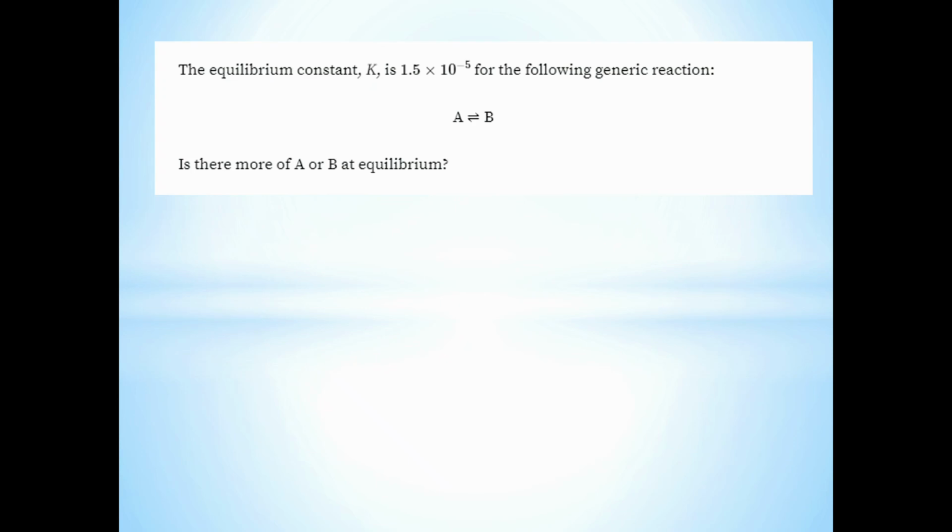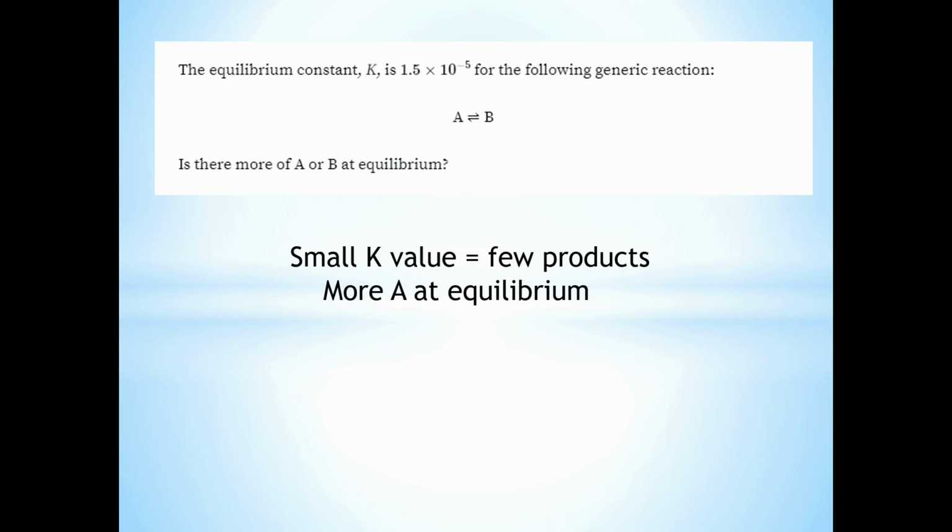That is 0.0000015. Big or small? Pretty small, right? That means this reaction is poor. I'm not going to get a lot of B for this reaction. It's going to stay mostly A. So at equilibrium, this reaction is still going to be mostly A, because that extremely small value means I have few products.